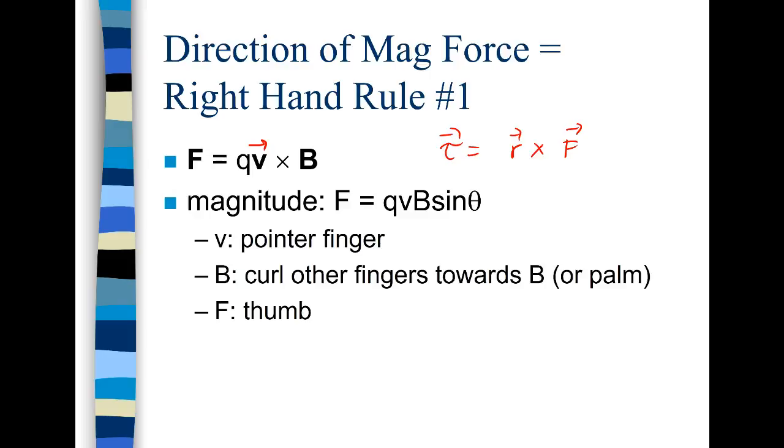B, the magnetic field, is the way that you point your other three fingers, so middle, ring, and pinky, or alternatively, it's the direction that you face your palm. And you should hopefully be thinking about this while watching this video. So look at your right hand, look at your pointer finger, and look at your palm. And then your thumb is going to be the direction of the magnetic force.